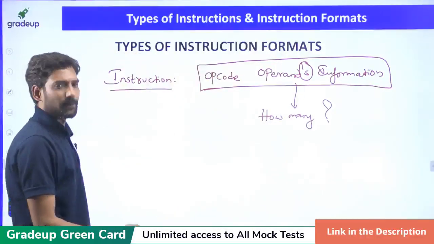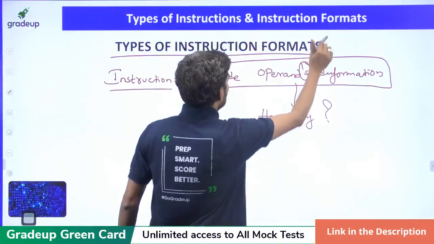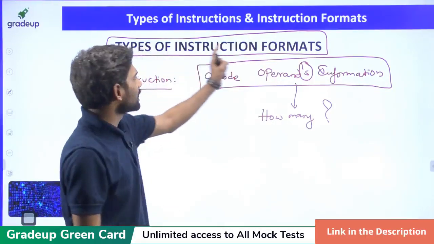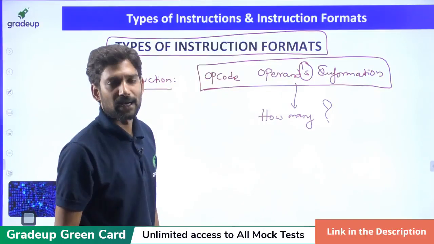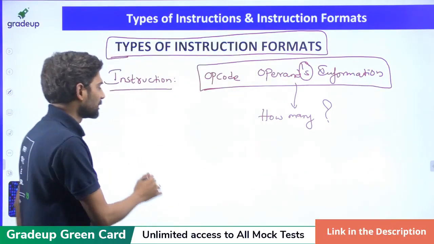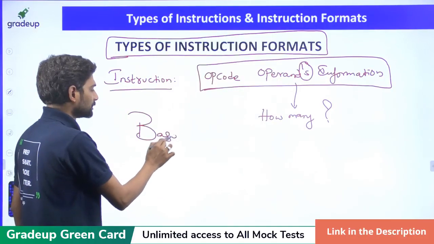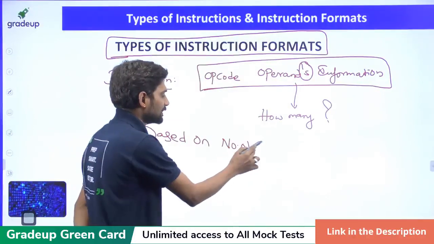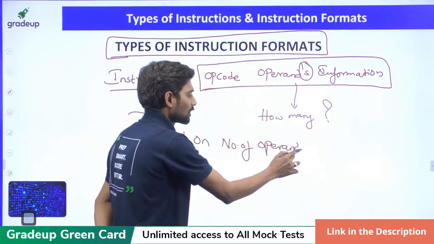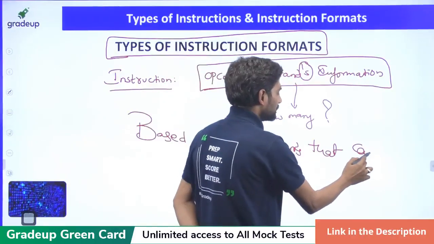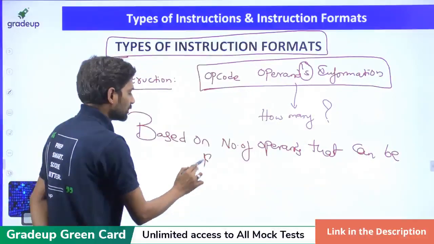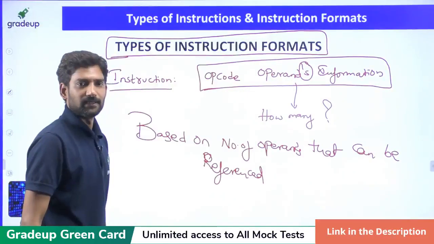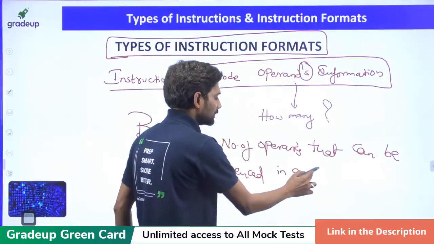So, this becomes the parameter for the classification of instruction formats. What is the parameter? Based on the number of operands that can be specified, that can be referenced, specified in an instruction.